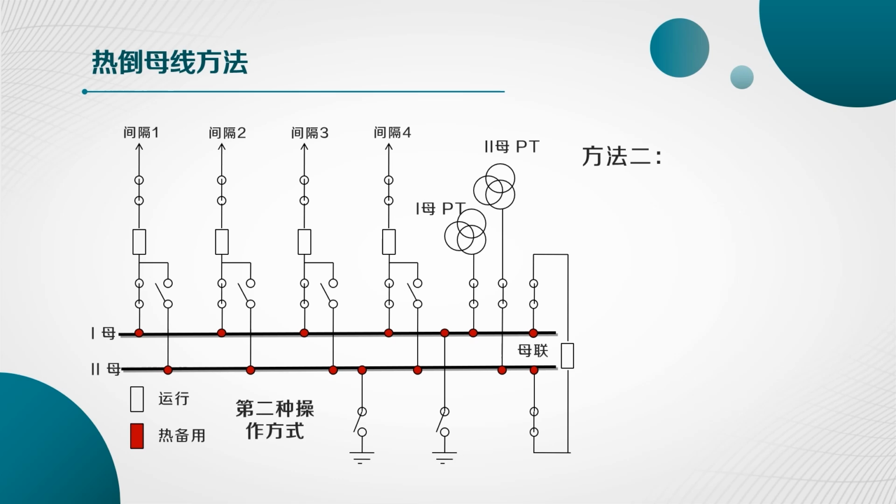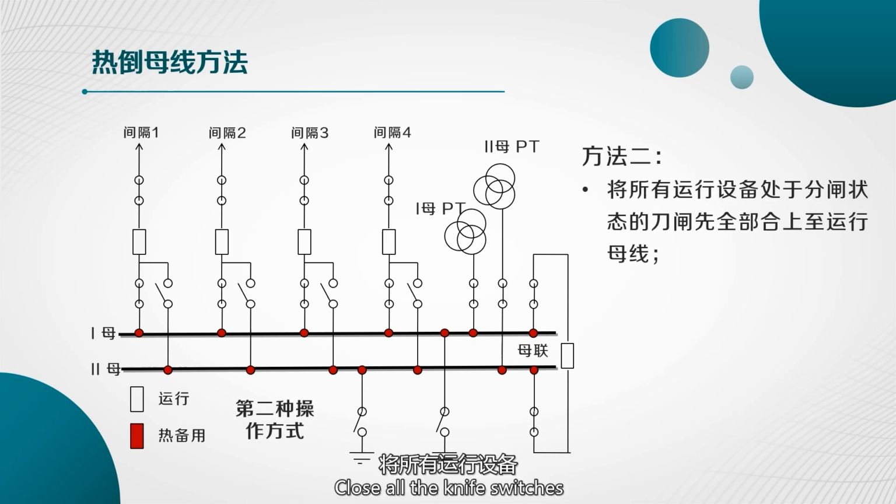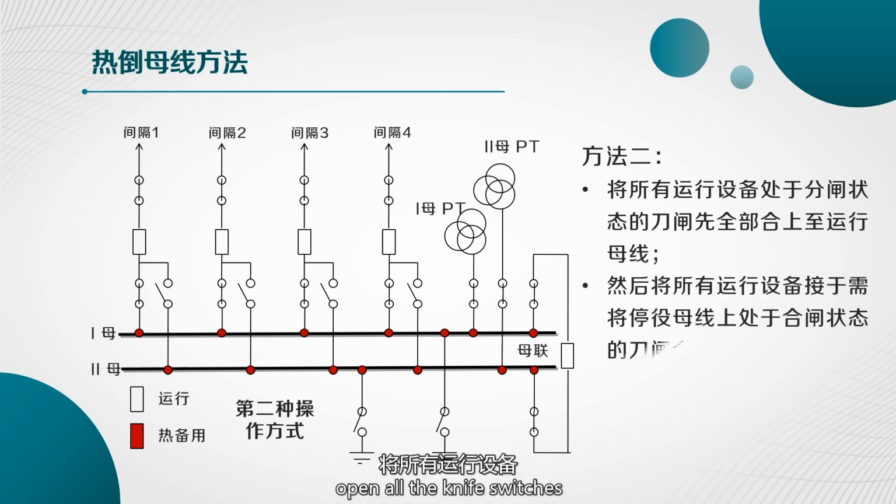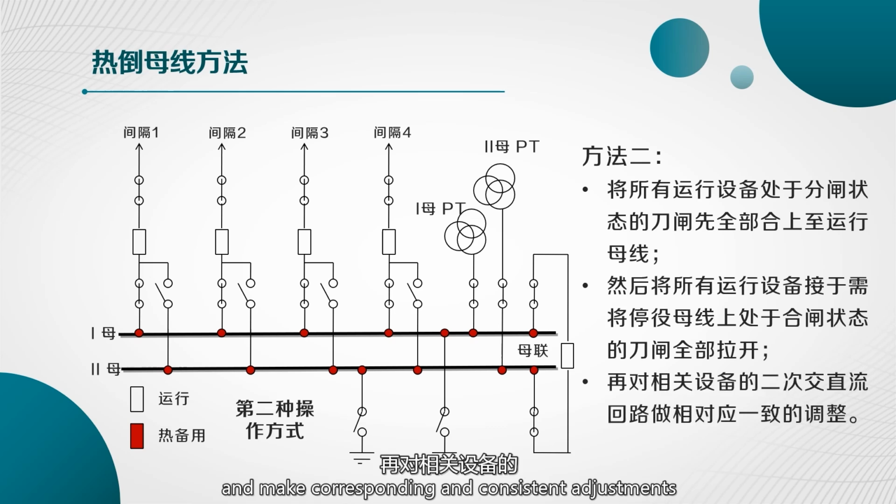Method 2. Close all the knife switches of the operating equipment that are in the open state to the operating bus bar. Then, open all the knife switches of the operating equipment that need to be in the closed state on the operating bus bar and make corresponding and consistent adjustments to the secondary AC and DC circuits of the relevant equipment.